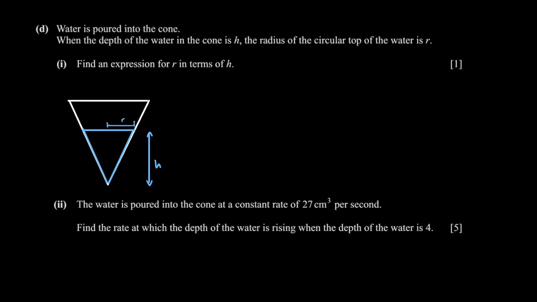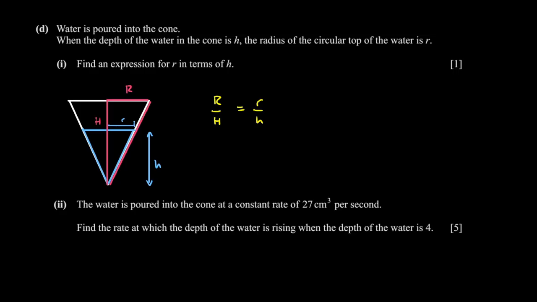But if we think about it, we've got a similar triangle with what we had before, this big thing, where this length here was what I called big R, and this height here is what I called big H. So the ratio of big R to big H must be the same as the ratio of small r to small h, because these are similar triangles.